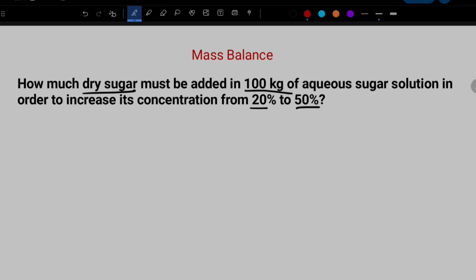The first step is to draw what is asked in the question. What does that mean? Simple. You have to consider everything as a system, which I talked about earlier. Let's read the question again. How much dry sugar is added?